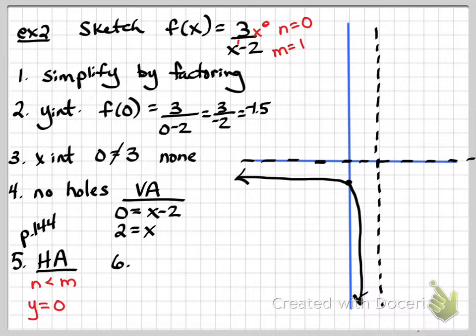I'm just going to draw the hyperbola so that it goes through that point that we already have. More than likely, the other side is up here in this quadrant, but we need to check an x value over here to be sure. So we're going to check x equals 3, or 4, or 5, or 10, or whatever you want to check. I'm going to check x equals 3 by doing f of 3.